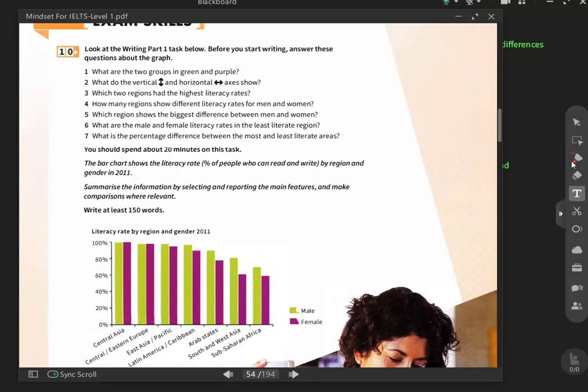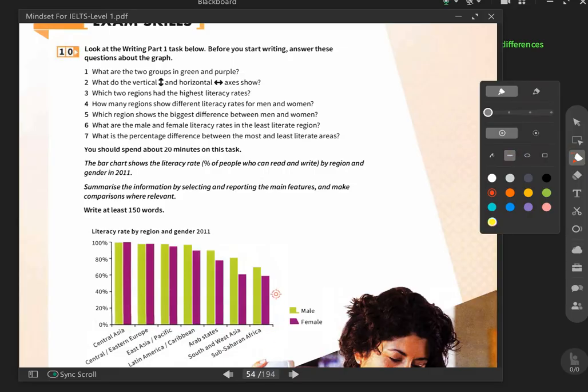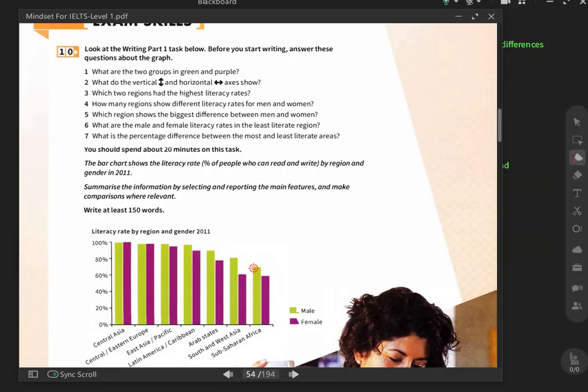So let's see the number. If I match, let me see. For example, this one goes to maybe here. And this one, maybe a little bit higher. Or I'm not sure, maybe like this.